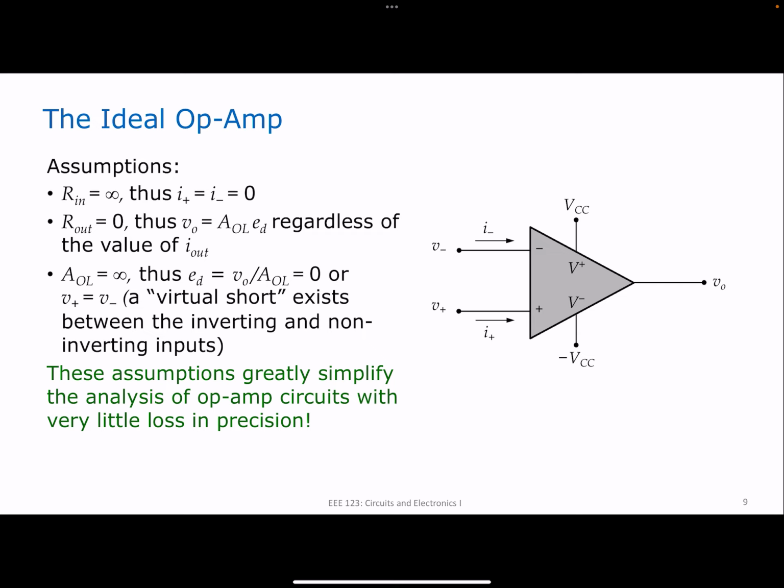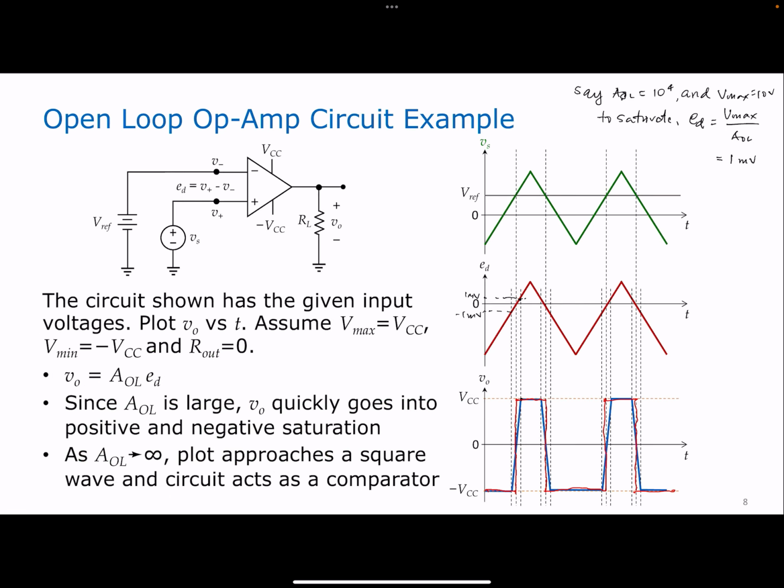Now the second assumption we've already used, and that is R out equal to 0. Therefore, if R out is equal to 0, our output will always be equal to AOL ED regardless of the value of our output current, regardless of our load. Because when will your output current increase?